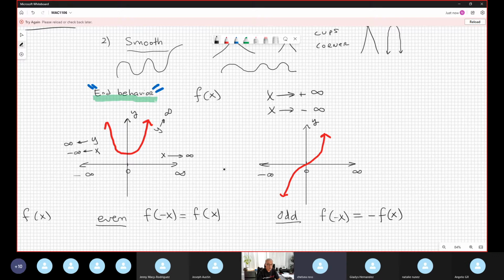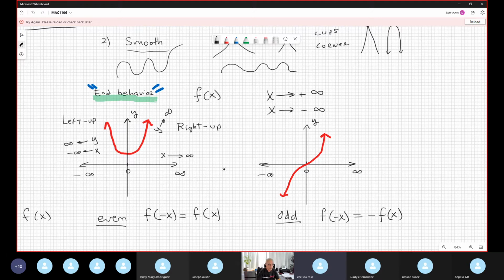Okay, so now one terminology that is normally used is this is right up end behavior, and this is left up. But that does not always happen.